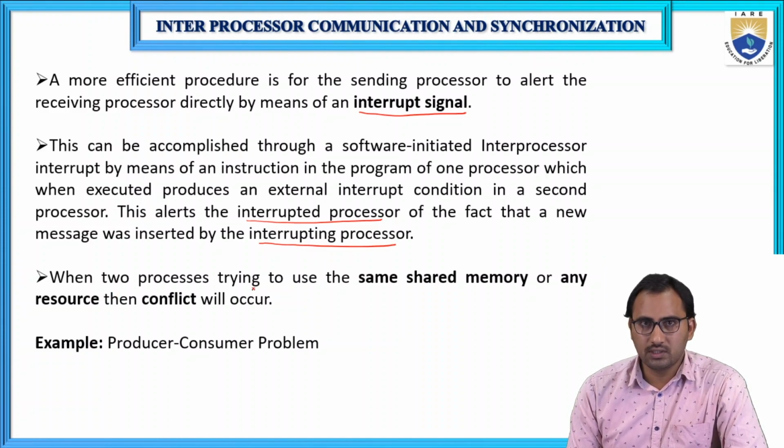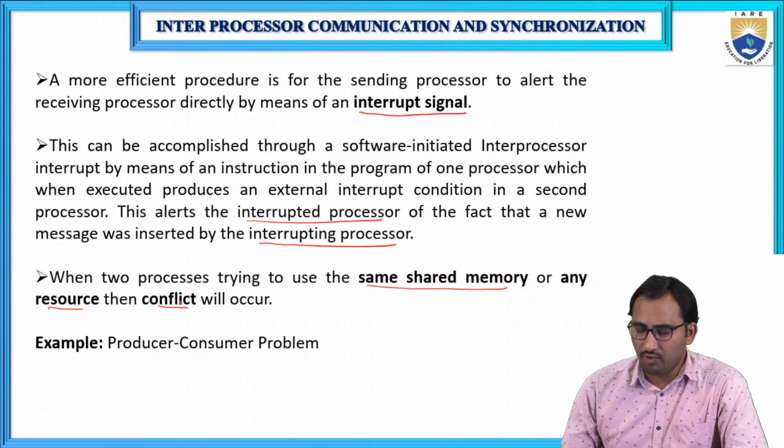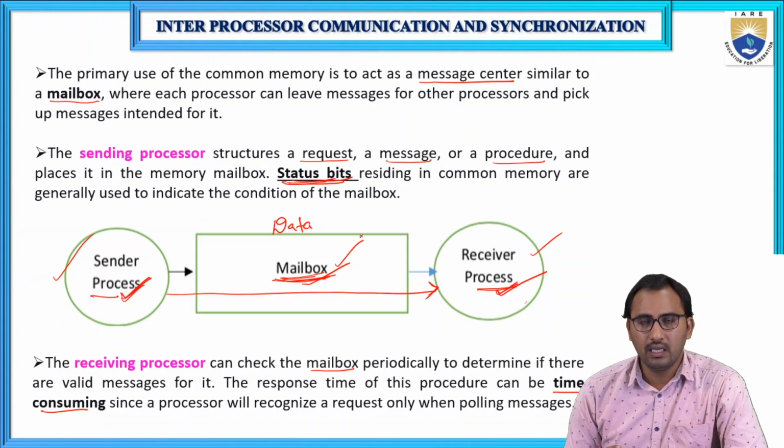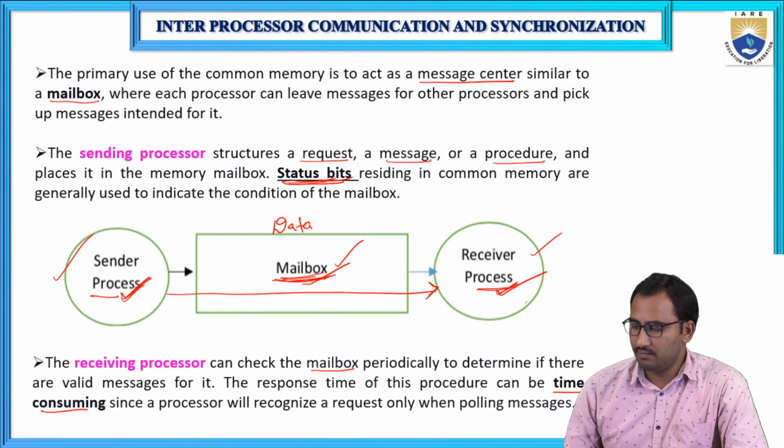When two processors try to use the same shared memory or any resource, a conflict will occur. We have already seen this just before with the mailbox. If the sender processor and receiver processor try to access the mailbox at the same time, some conflict will occur.